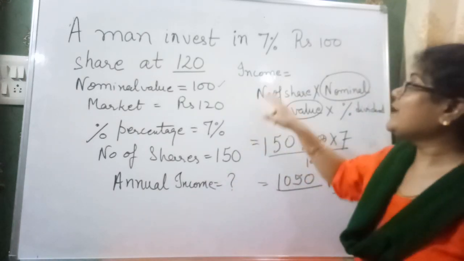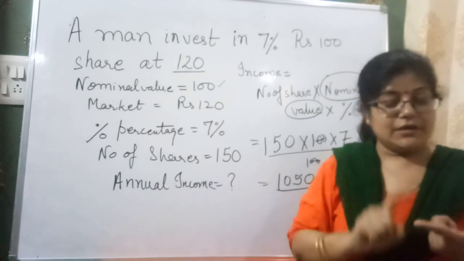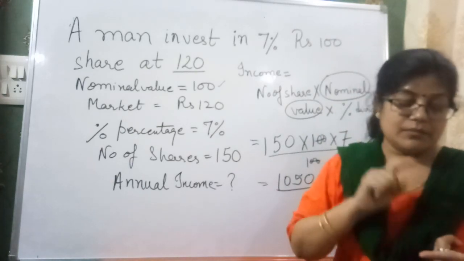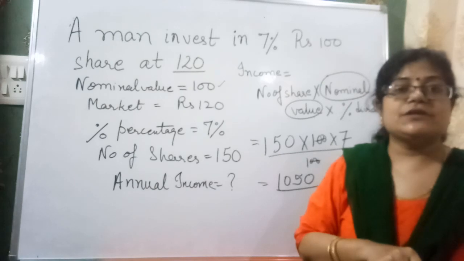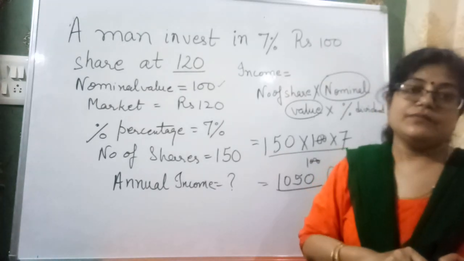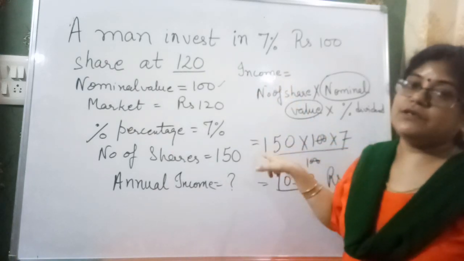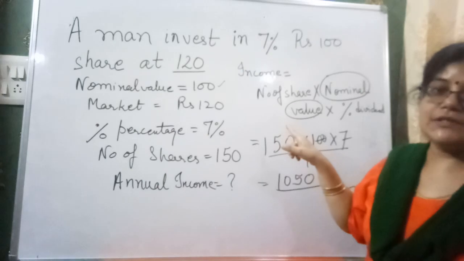So to calculate that income, we multiply three things: number of shares, nominal value of share, and the percentage of the dividend announced by the company. Clear? So this is the annual income of the shareholder. I think this concept is clear.